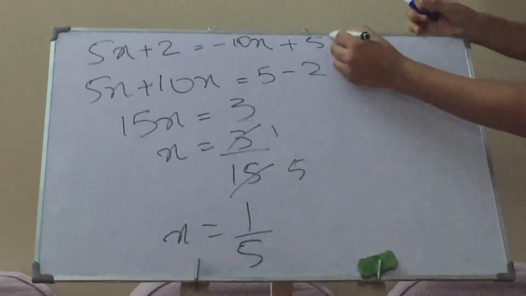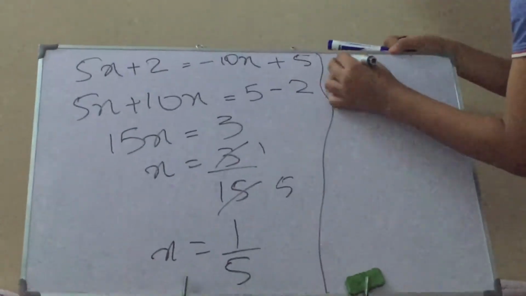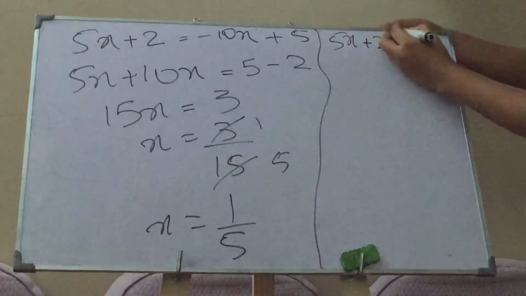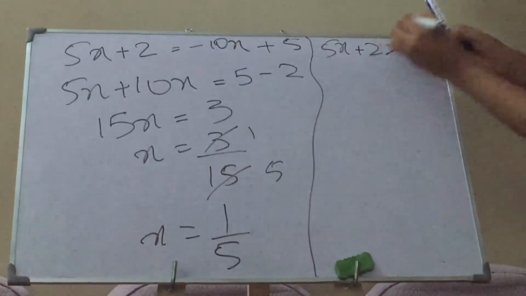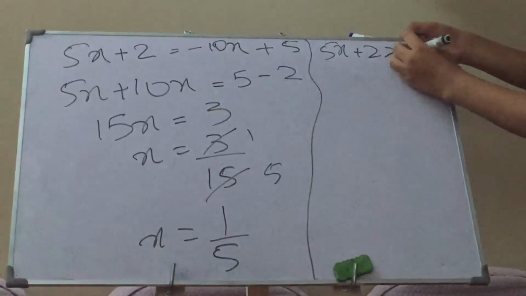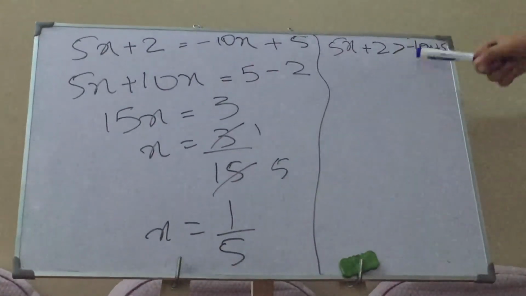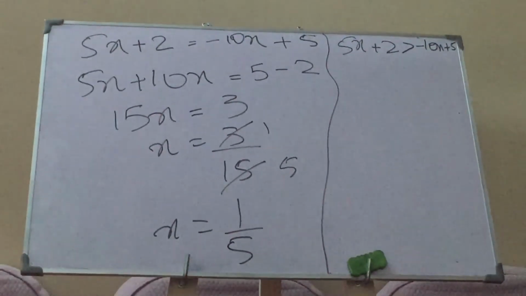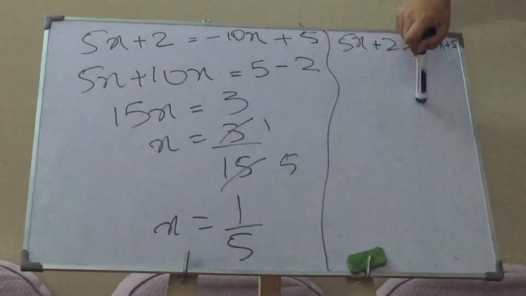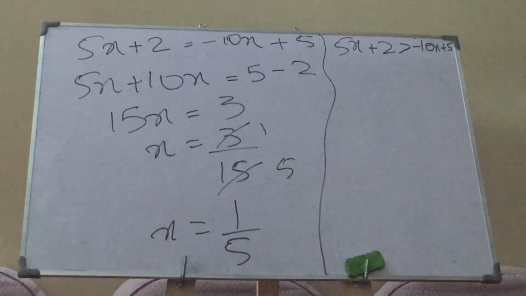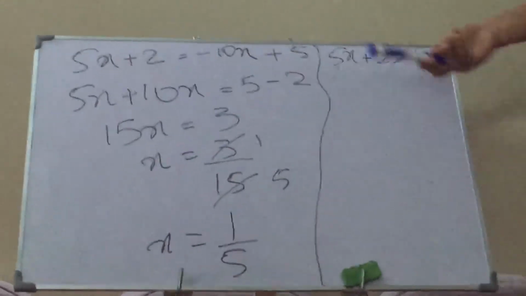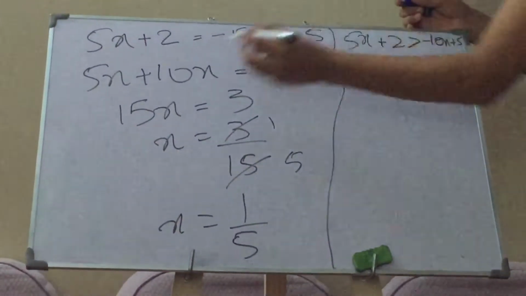So guys, just pick it up. Make a column and write the whole question again. 5x plus 2, and if there is this sign, minus 10x plus 5, the sign is this instead of equal to. Guys, we will copy the whole of the sum the same. Guys, please don't hesitate and just copy this.